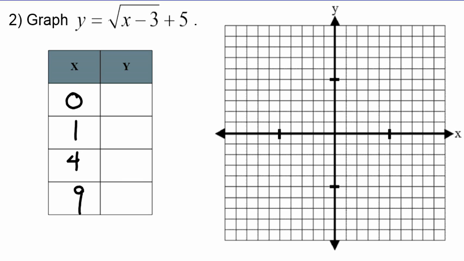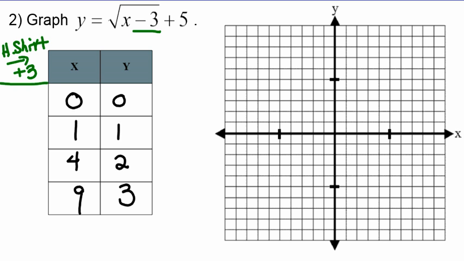We know what inputs we could use and outputs that go with them for the parent function. Again, you can use more than what we have here if you want more of your curve represented. Then we want to think about what changes are occurring. Well, here, the x minus 3, that's an input change. That's going to impact the inputs, and it's going to be moving to the right 3 units.